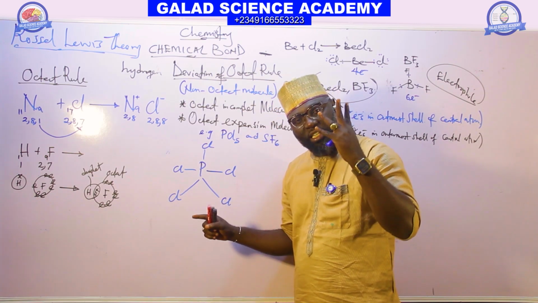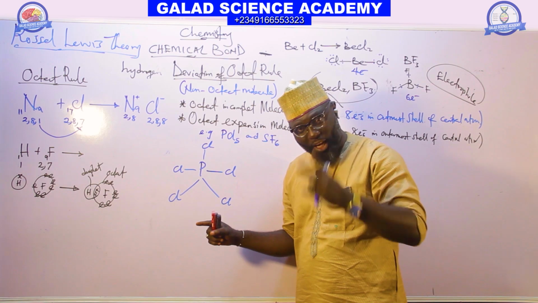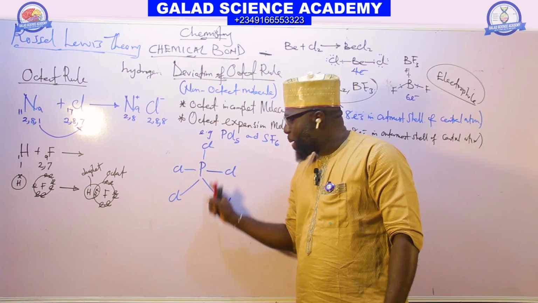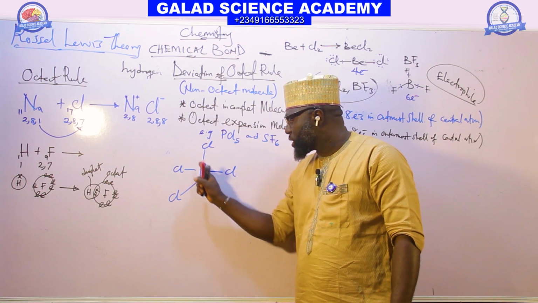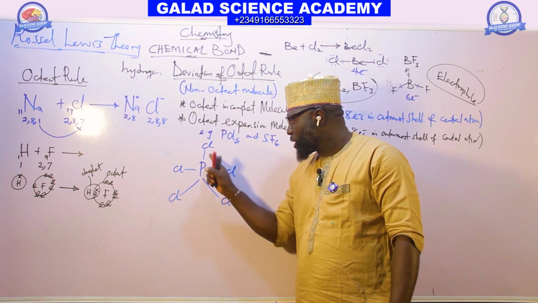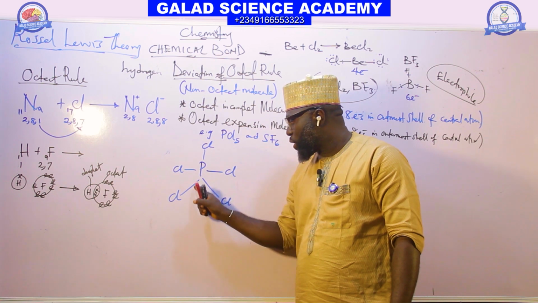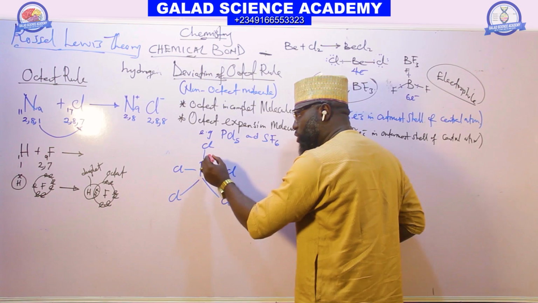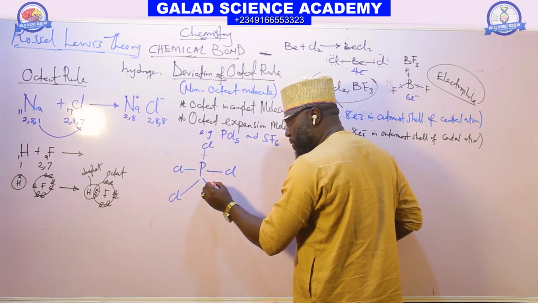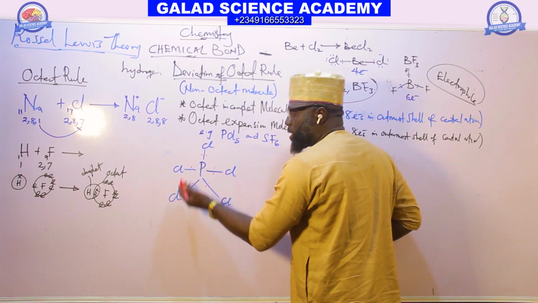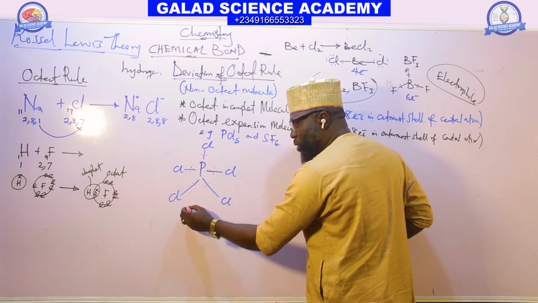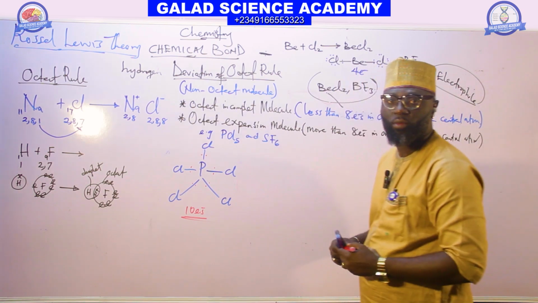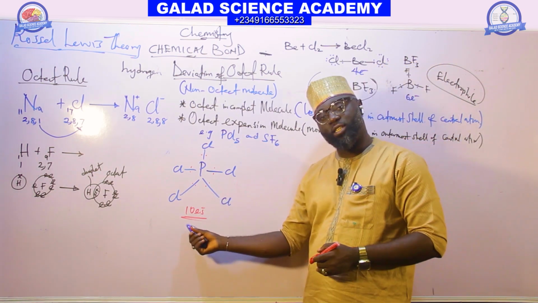And each bond contains 2 electrons. How many bonds do we have here? 1, 2, 3, 4, 5. Each bond contains 2 electrons. So altogether, this has 10 electrons instead of 8.